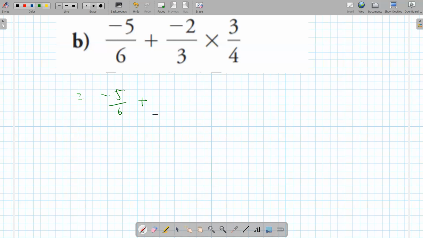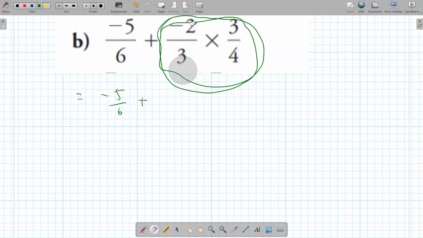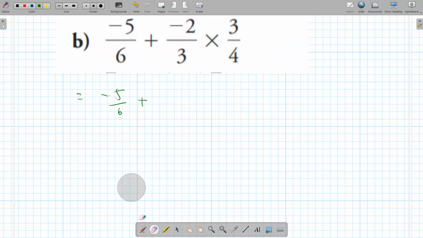Wrong. Well, what are you timesing? I need to times these two. So this stays on the outside, right? Well, you find the common denominator, which is 12.